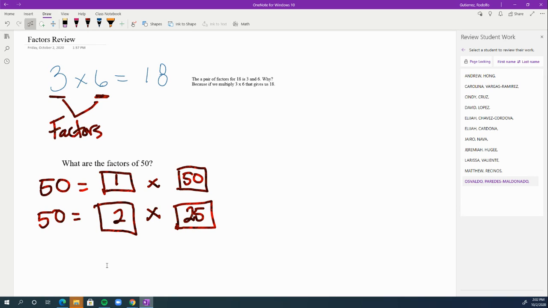So we can answer this question and say the factors of 50 are 1, 2, 25, and 50 so far. Is there another set of numbers that you can multiply together to give you 50?